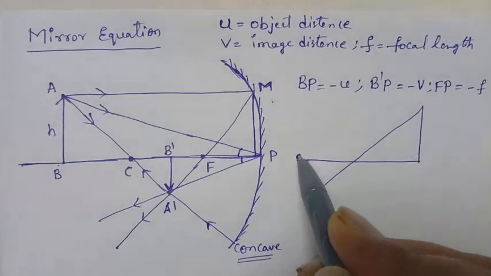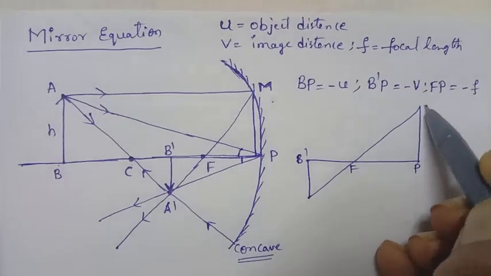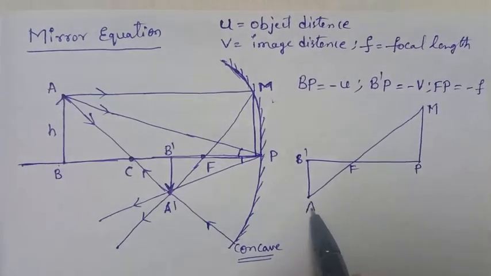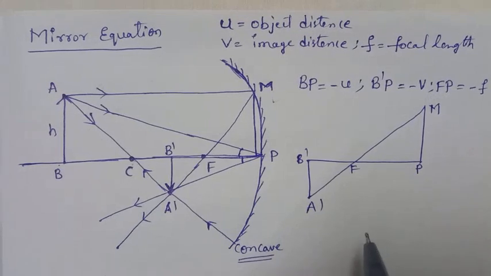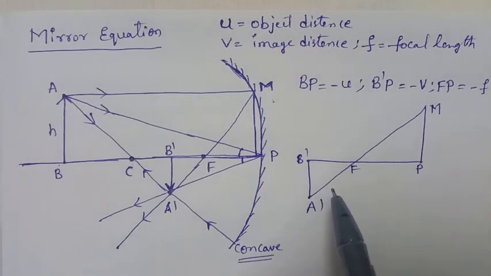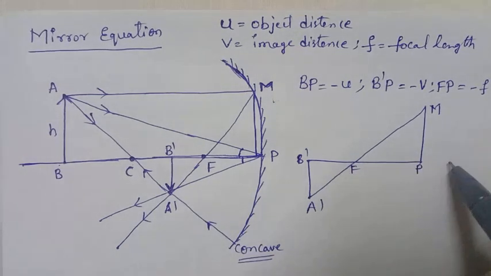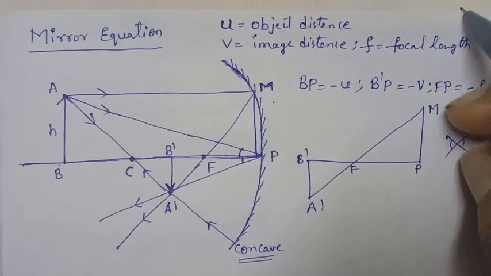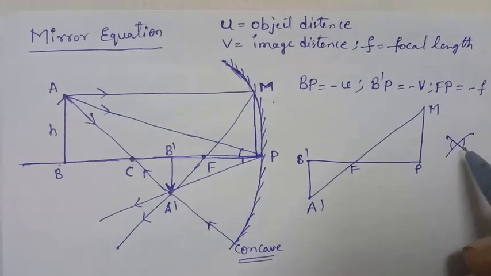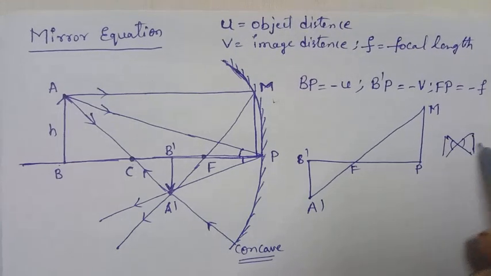If these are the two rays and they are enlarged, this angle increases and this angle increases, so automatically these two heights increase in the same manner.